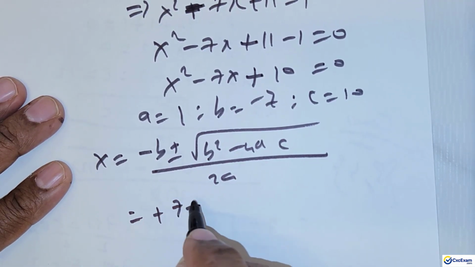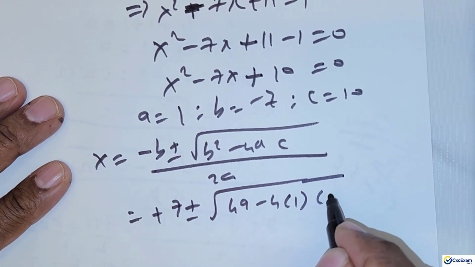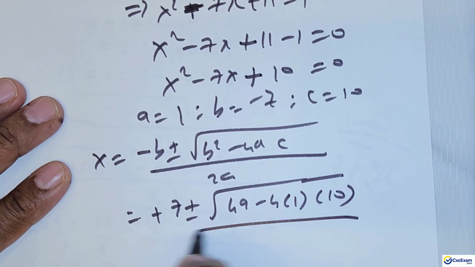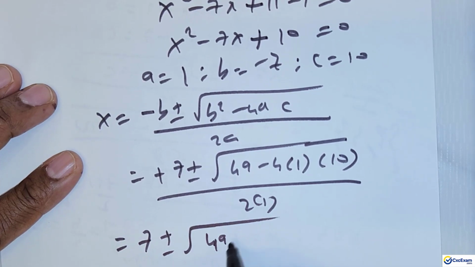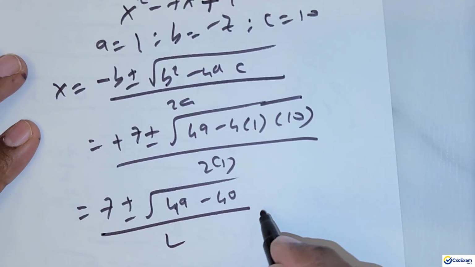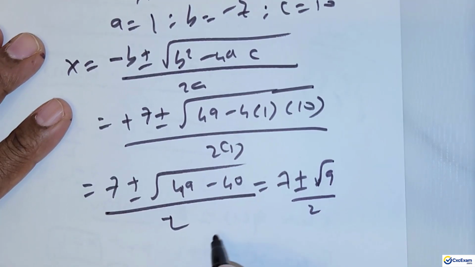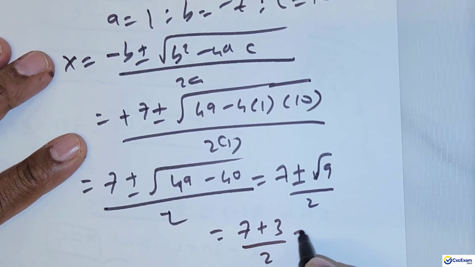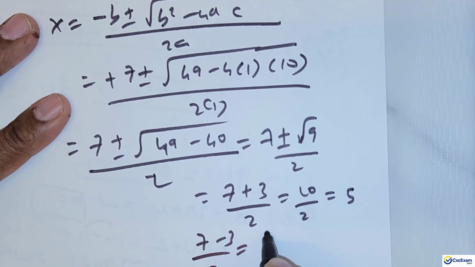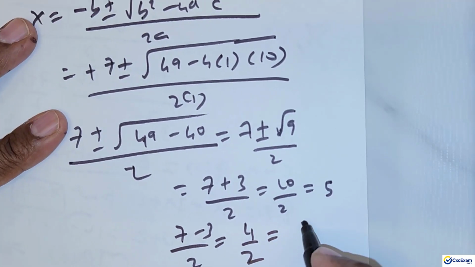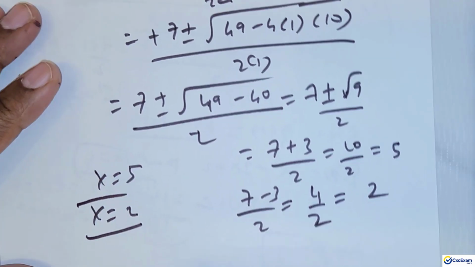Negative negative 7 is positive 7, plus or minus root of 49 minus 4 times 1 times 10, divided by 2 times 1. 7 plus or minus root of 49 minus 40 divided by 2, which is 7 plus or minus root of 9 divided by 2, which is 7 plus 3 divided by 2, which is 10 divided by 2, which is 5. 7 minus 3 divided by 2, which is 4 divided by 2, which is 2. So x is equal to 5 is one value and x is equal to 2 is one value.